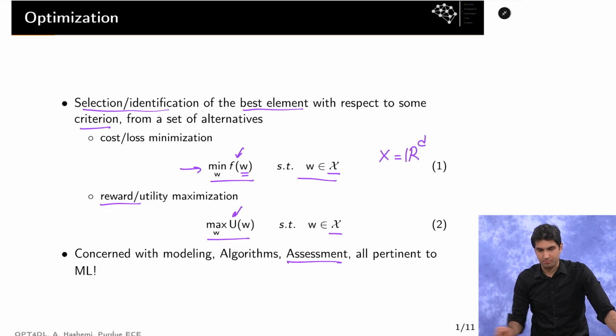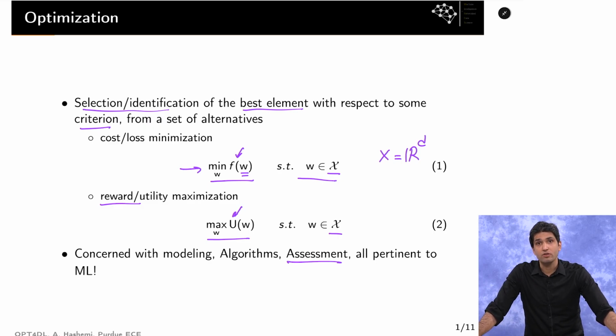And finally, assessment. One thing that optimization can do is to provide formal guarantees on the quality of the solution. I can, for instance, say which properties the cost function f should have such that a certain class of algorithms can provide a good solution efficiently. All of these are of importance in optimization.